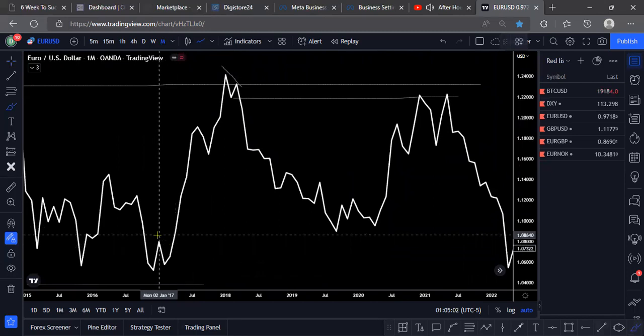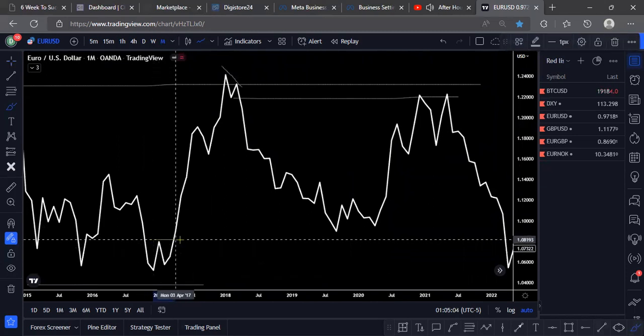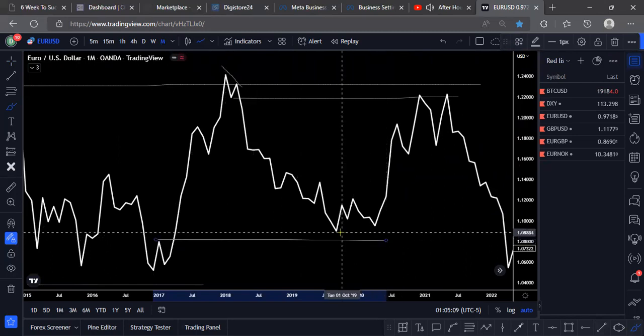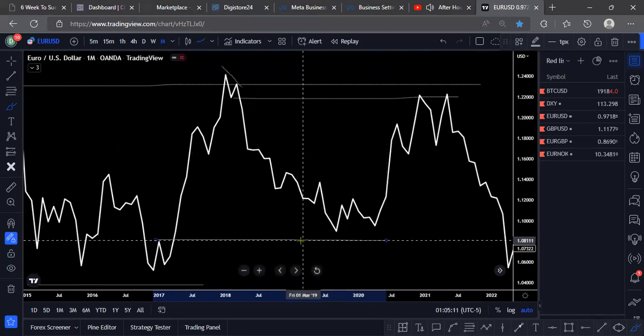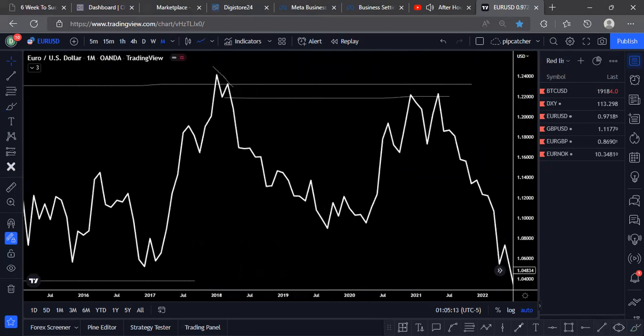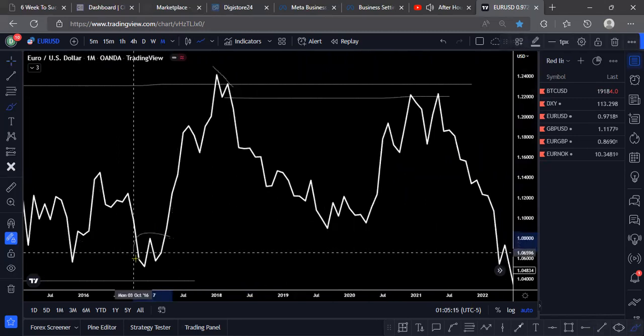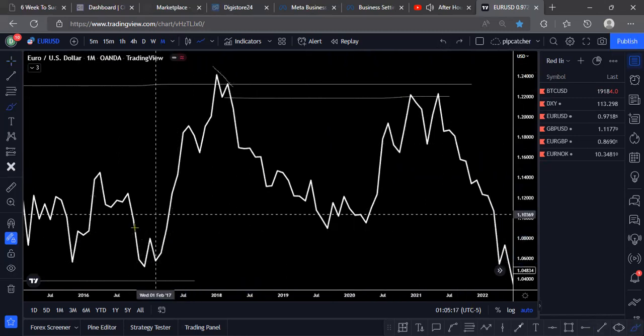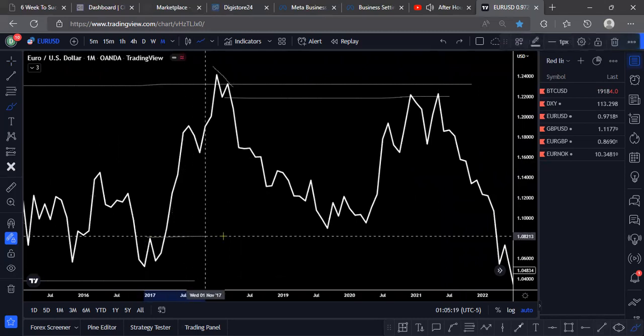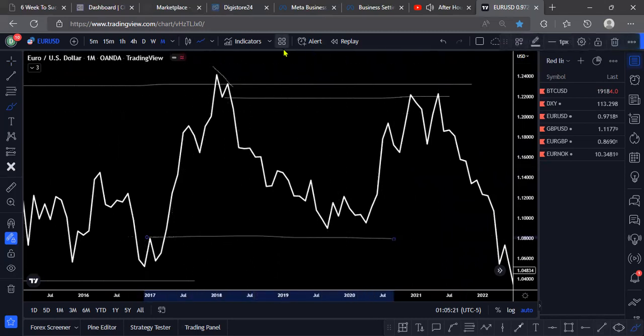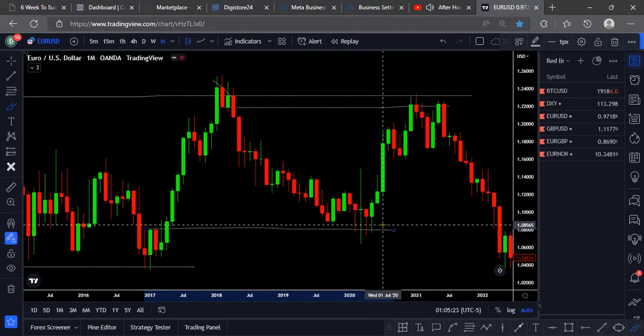And same right here. I remember a while back, in 2019, I was buying around this area as well on Euro USD, but price comes back into that area.